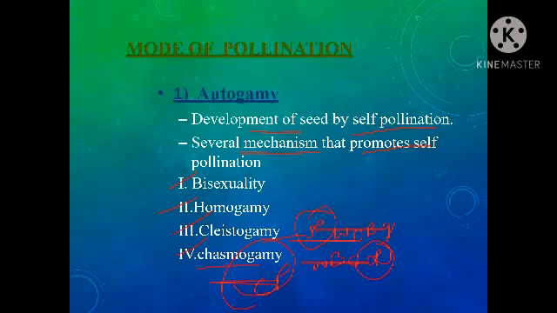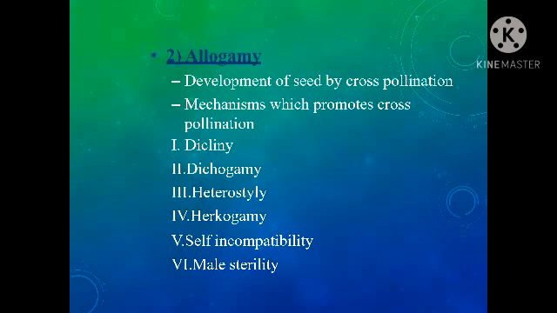Coming to allogamy, it shows the development of a seed by cross-pollination, and some of the mechanisms which promote cross-pollination are dicliny, dichogamy, heterostyly, hercogamy, self-incompatibility, and male sterility. Coming to dicliny, the flowers are either staminate or pistillate.